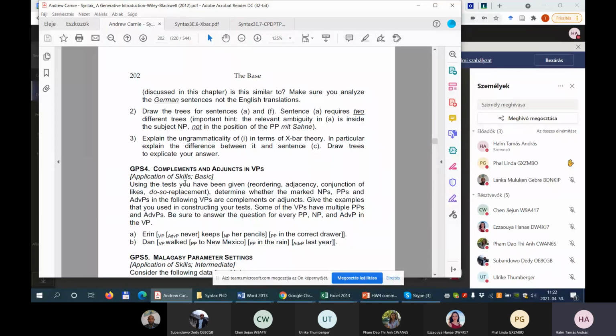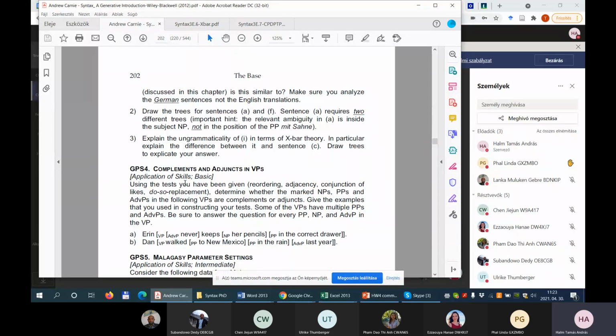So some verbs need a complement, like, I don't know, keep, for example. Keep needs an object. Walk to somewhere. Yes, that's a good point, actually. So this is a bit like keeping it in the drawer. Somehow it seems that here we are not talking about walking in a general sense, but about walking to some place, and this endpoint needs to be a necessary part of the structure, and that's why you cannot do the do-so test.